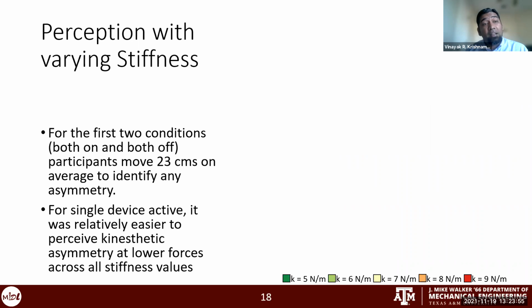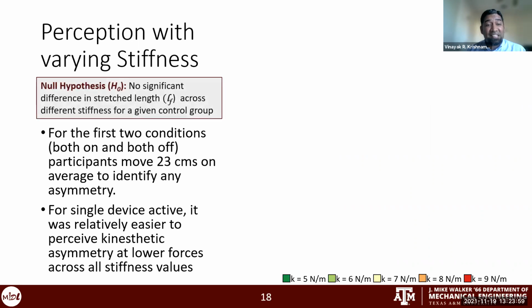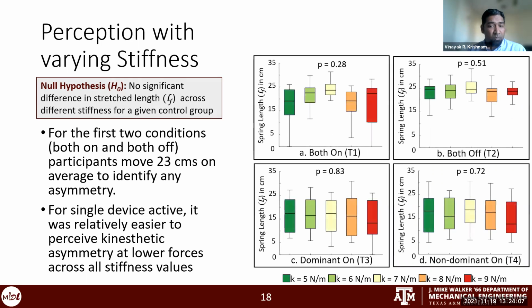Now, if you look at the same data but compare it with respect to varying stiffnesses, suppose our null hypothesis is that there's no significant difference across different stiffnesses for a given control group, right?